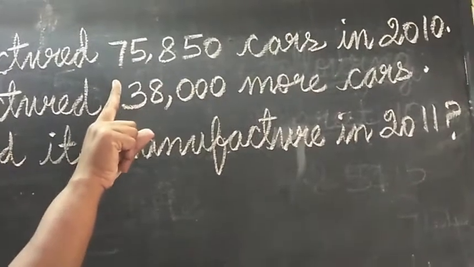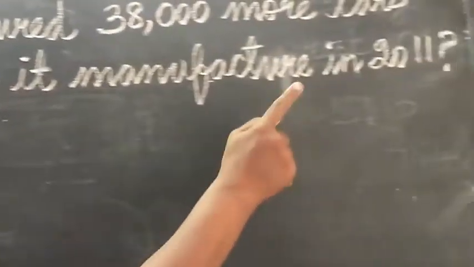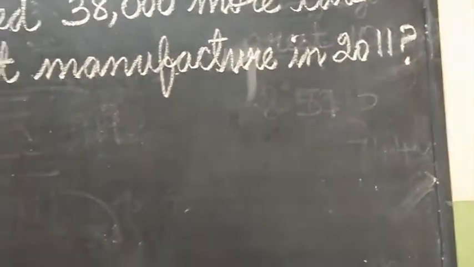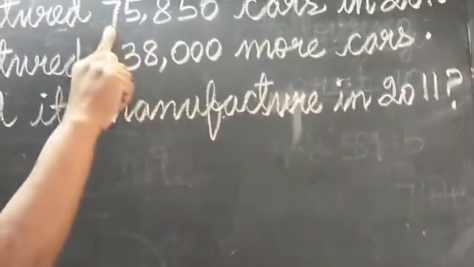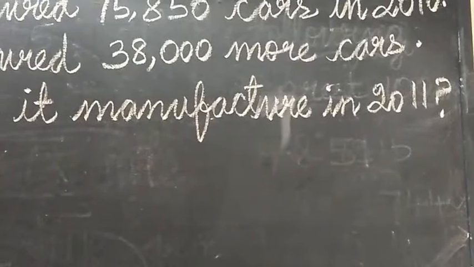Compared to that, they manufactured 38,000 more cars. So how many cars did it manufacture in 2011? See, you have to add 75,850 and this one also, more cars they manufactured in 2011. So we have to find out the answer.